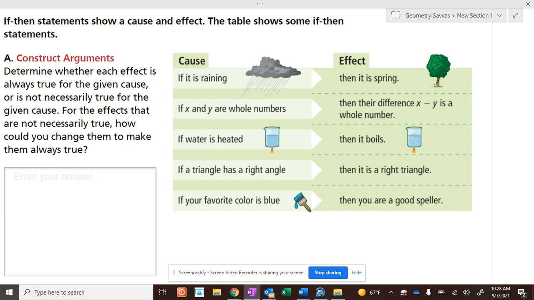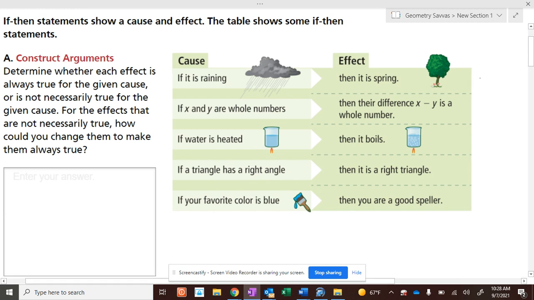Kind of sounds like it, except for what's 6 minus 12? -6. Is -6 a whole number? No, it's called an integer. Whole numbers are like 0, 1, 2, 3, 4, 5 on up. Okay, it doesn't include the negative numbers. So this one is a false statement.